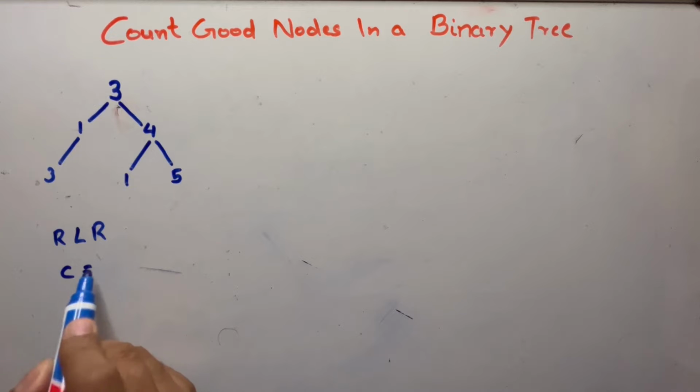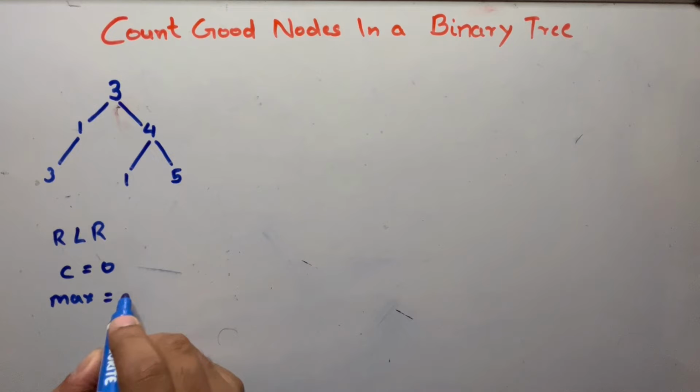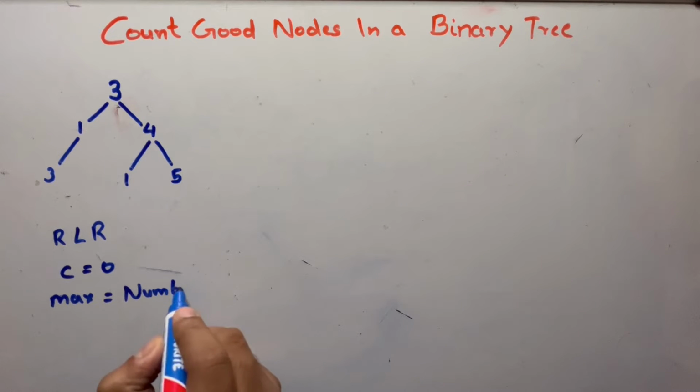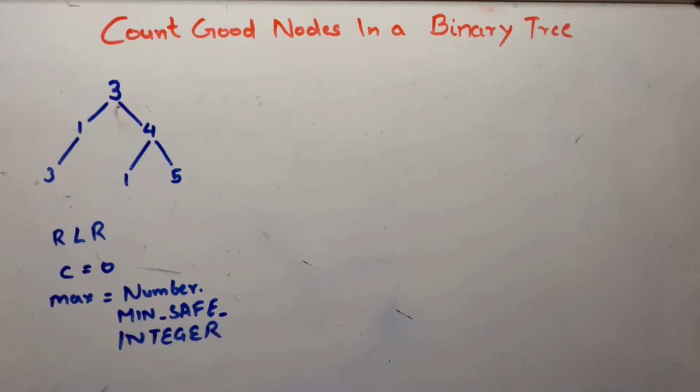One will be the counter variable, that is 0, for counting the good nodes, and apart from the counter variable we'll be taking one max, and let's suppose its value is minus infinity, or you can give it the lowest value possible. So in JavaScript, we can give it Number.MIN_SAFE_INTEGER.